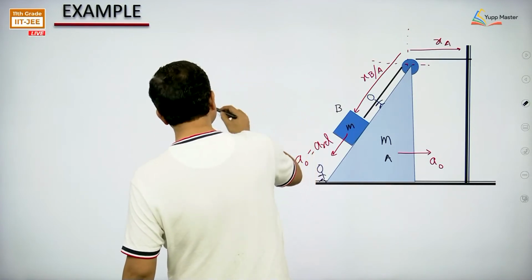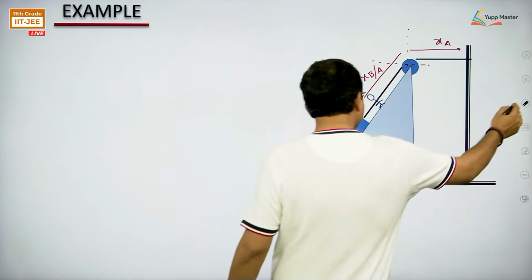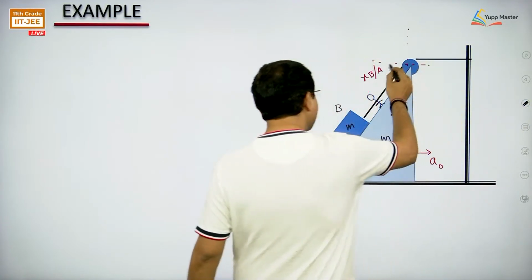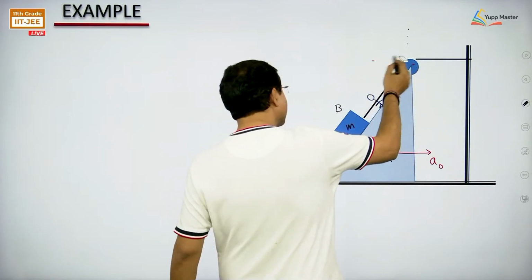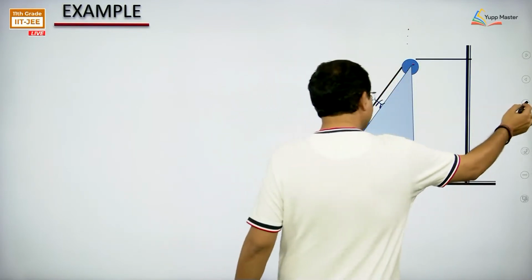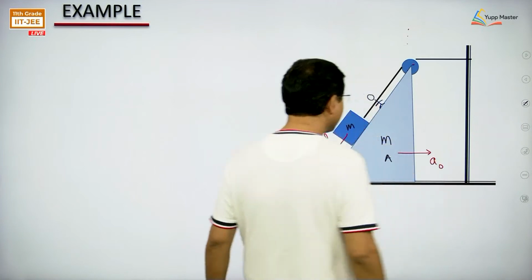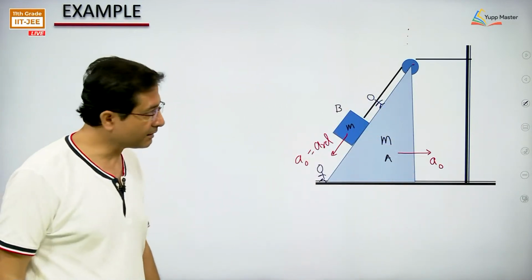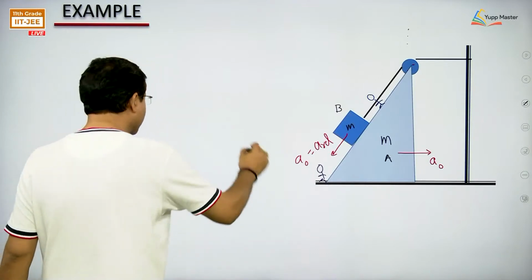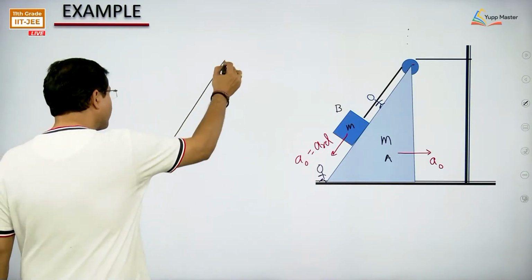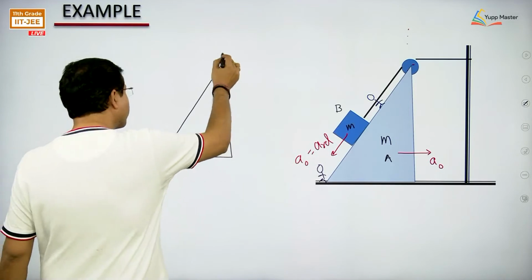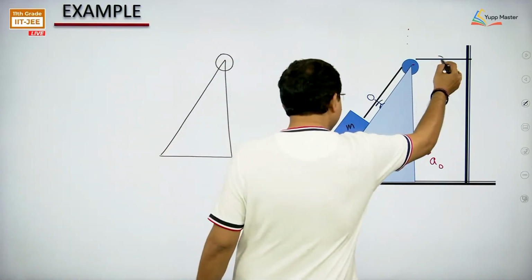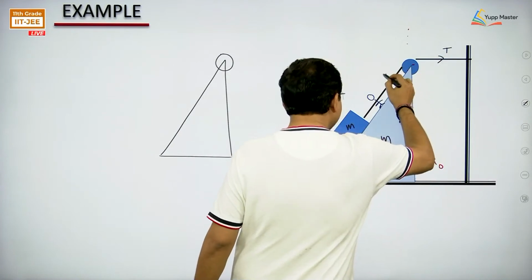once I establish the relation between acceleration, now it's time to write Newton's law. Okay, for that I require a free body diagram. So if I draw the free body diagram of the wedge and pulley, I can see one tension here, one tension here.